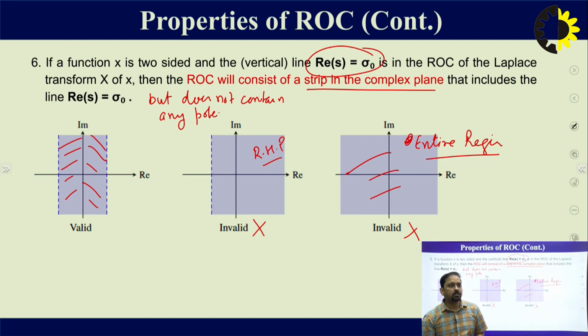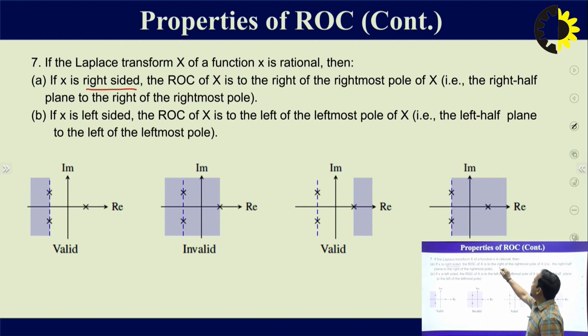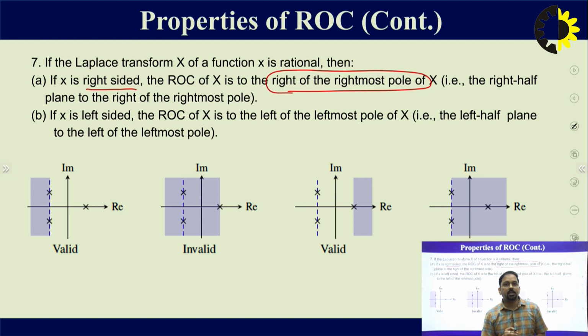So next, we have the seventh property. If the Laplace transform X of a function x is rational, then if x is right sided, the ROC of X is to the right of the rightmost pole. Very, very important. If the signal is a right sided signal, then the ROC will be to the right of the rightmost pole and does not contain any pole.